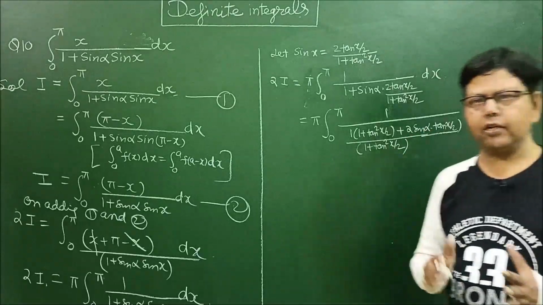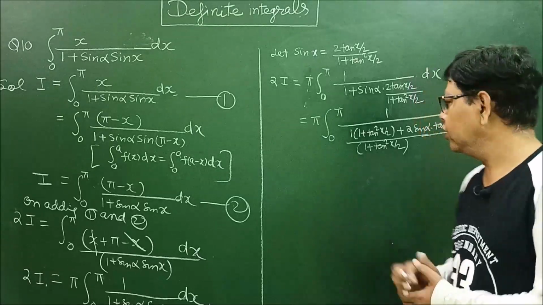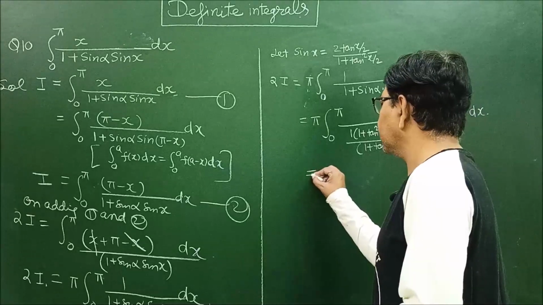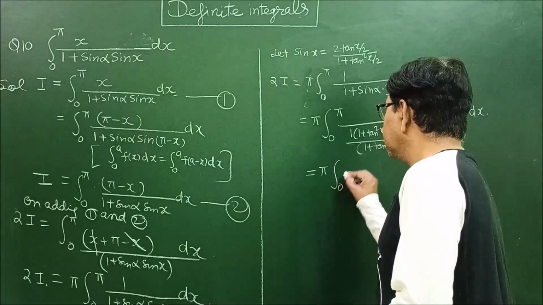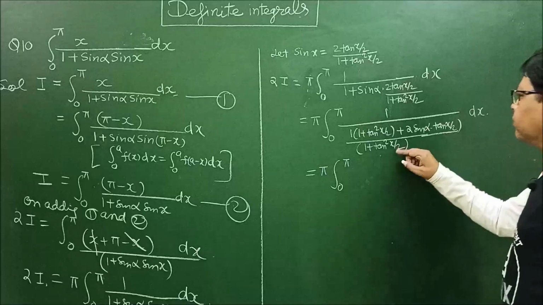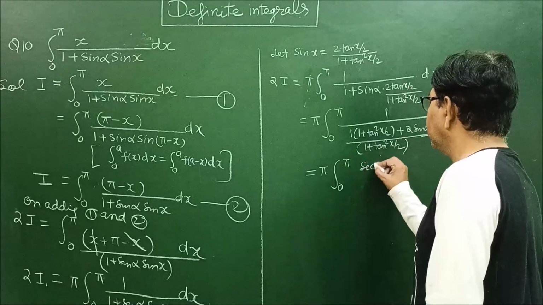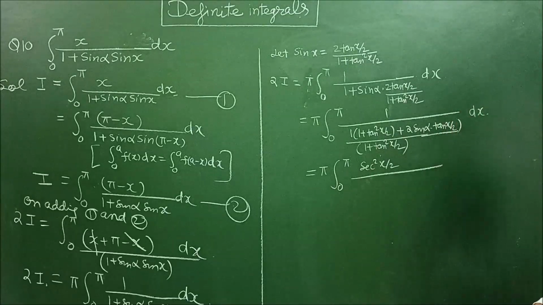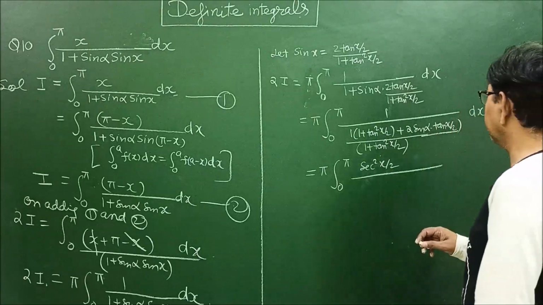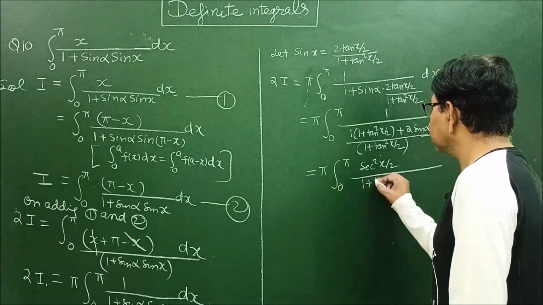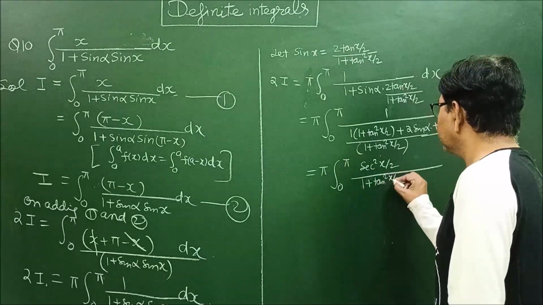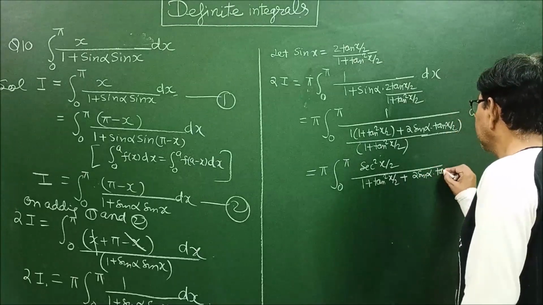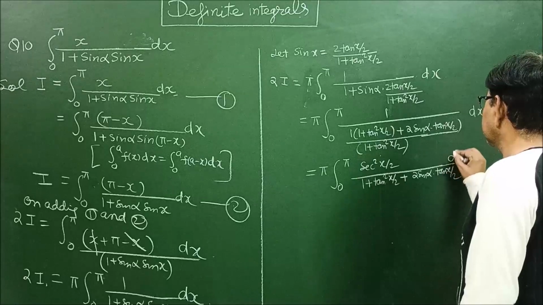As you know, 1 plus tan square theta is equal to sec square theta, so 1 plus tan square x by 2 is equal to sec square x by 2. So this equals pi times integral 0 to pi, with sec square x by 2 in the numerator, upon 1 plus tan square x by 2 plus 2 sin alpha into tan x by 2, dx.